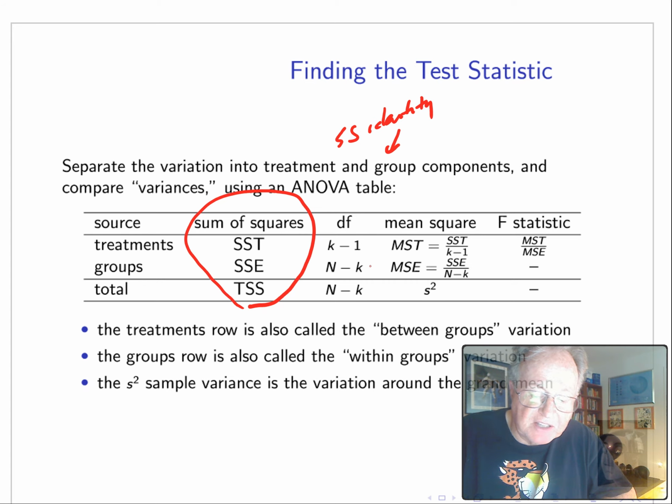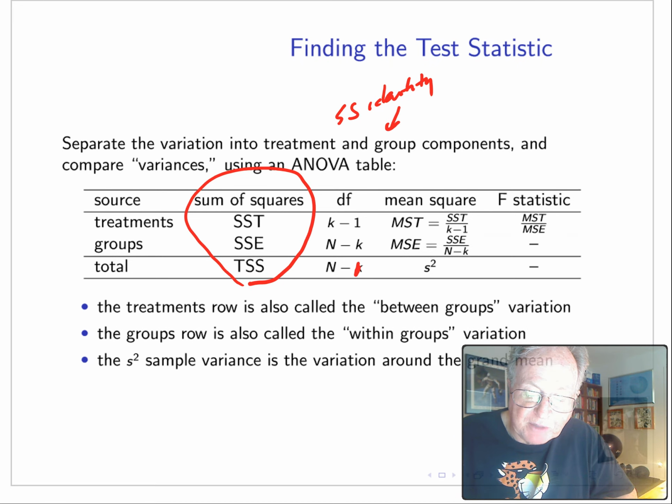And then we'll just take the sum of this, and we'll have n minus 1 degrees of freedom overall. So the treatments row is also called between groups variation. The groups row is also called within groups variation. And then this s squared here, this is the overall variation for the experiment.